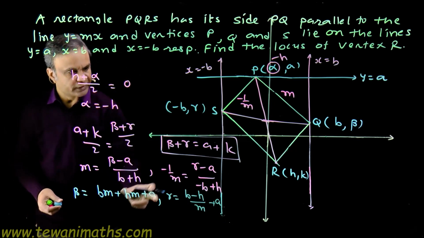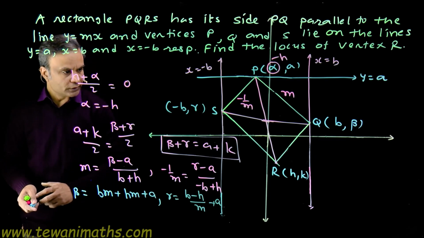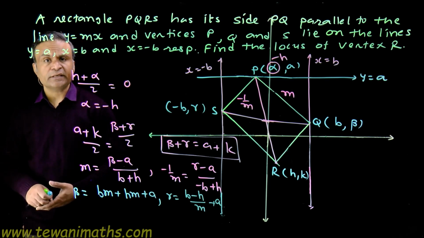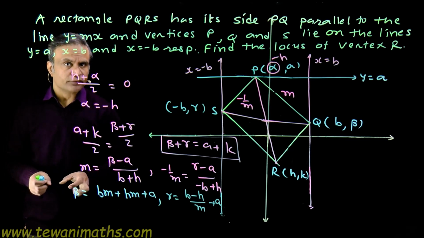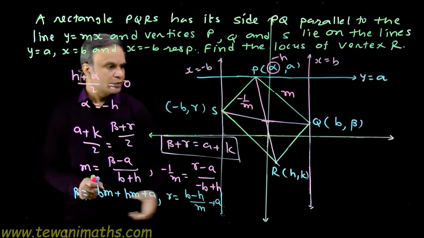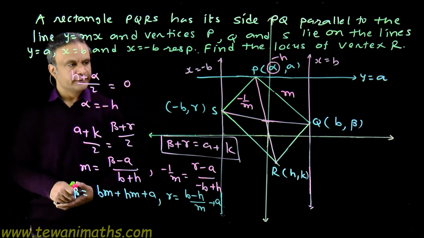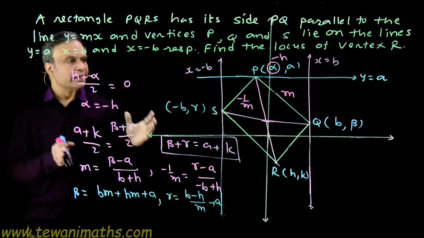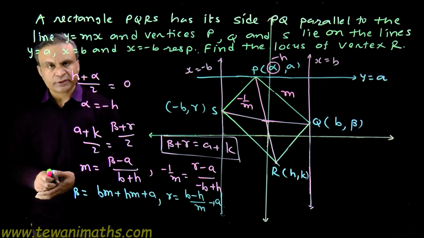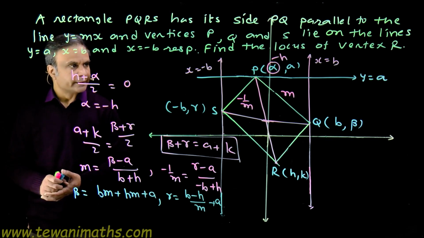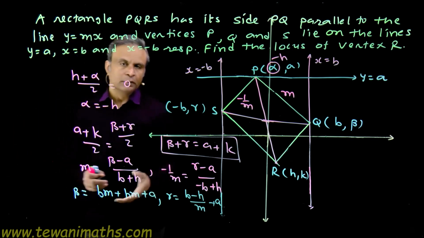With these values of beta and gamma in this equation, we get an equation in variables h and k, then replace h by x and k by y to get the equation of the locus of vertex R. तो यहाँ पे हम ज्योमेट्रिकल फिगर रेक्टेंगल के लिए कंडीशंस यूज कर रहे हैं, that the diagonals bisect and adjacent sides are perpendicular.